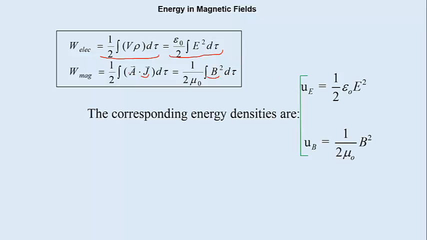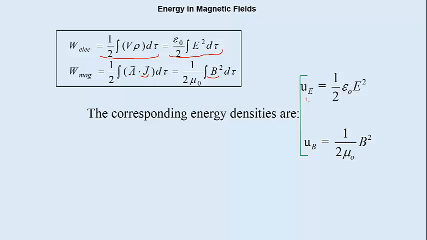Well, we use the integrand of the integral to determine the density. So if we bring the 1/2 inside, so let's take this version here. If we take epsilon 0/2 inside, so we put it right here, or if we take 1/2 mu 0 and put it inside, then what we call the integrand will be the density.